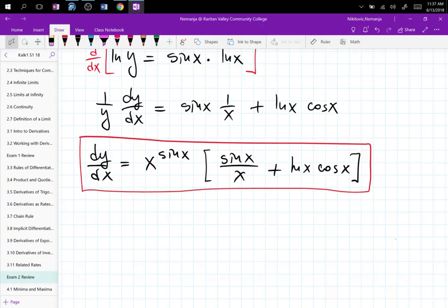Questions, concerns? What's the next question? Anyone? Before we go into 4.2 and take even more derivatives and second derivatives.